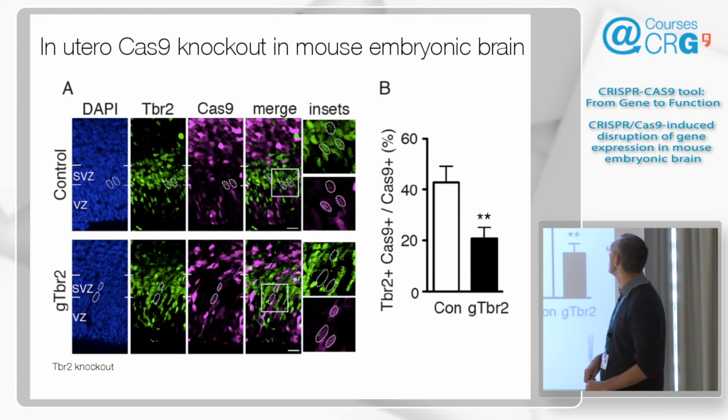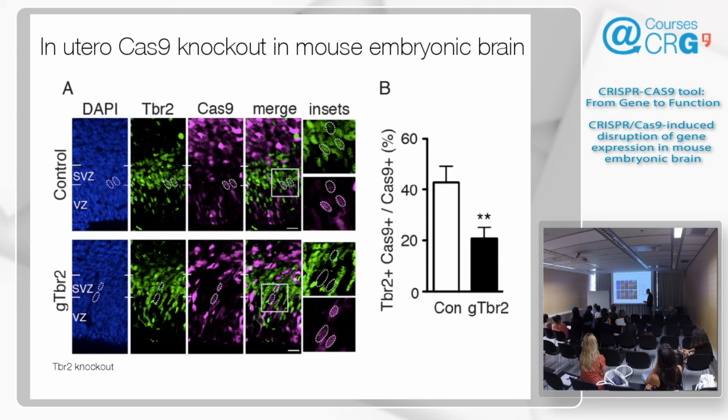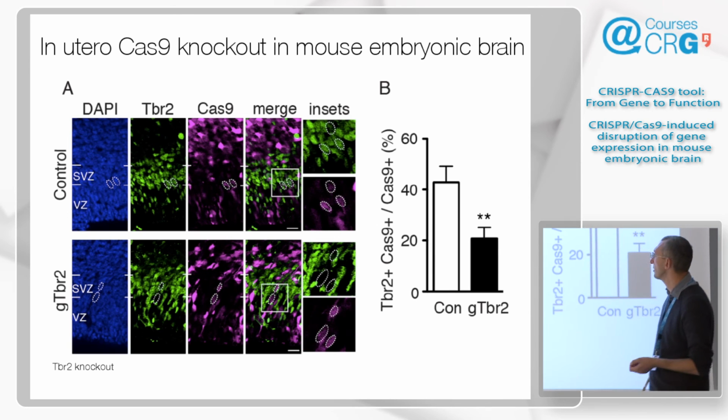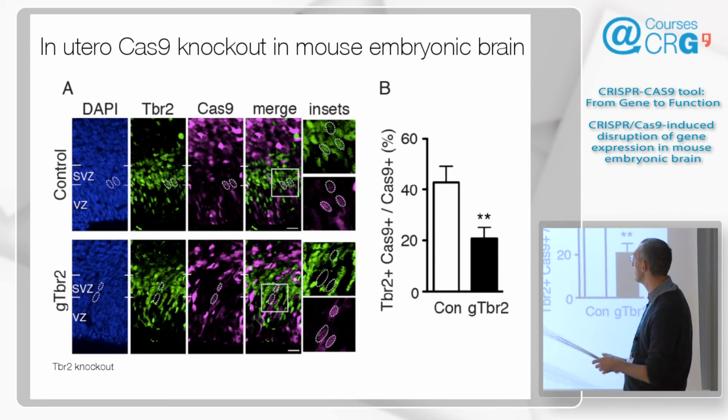So this is all very well, and it's GFP. Does it work for a protein of interest? This is done now through sectioning and staining for a protein called TBR2. We have a guide to it that should destroy it, and we have a control guide.